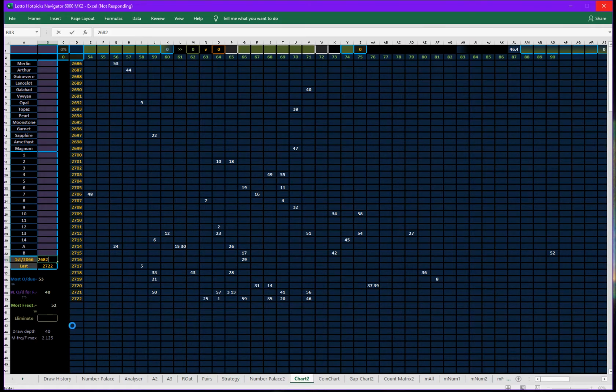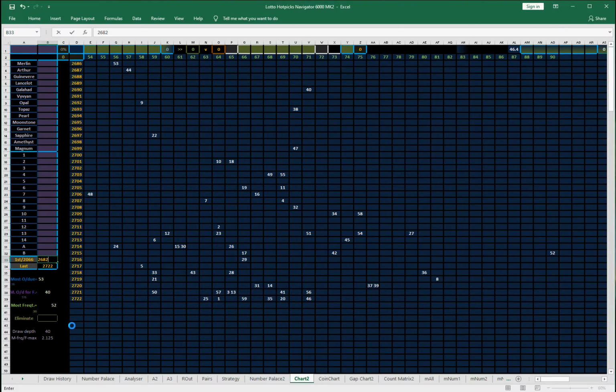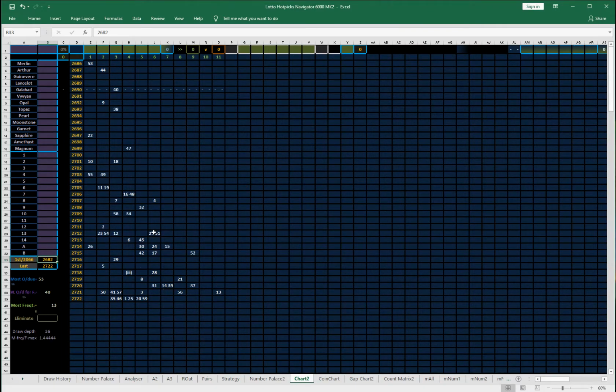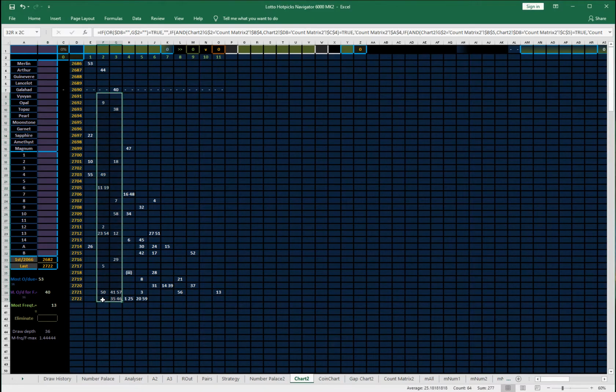So if we were to only look at the last 40 draws, then we would get different frequencies. Obviously, it's going to be much smaller frequencies. So if we look at the last 40 draws, we've still got 40, most overdue for its frequency.